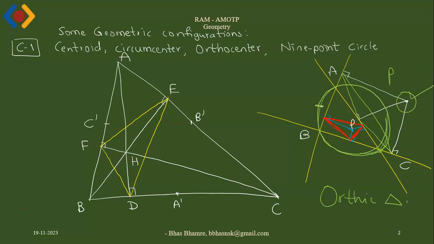So I hope you understood what is Simpson line. If P lies specially on the circumcircle of triangle ABC, then the pedal triangle with respect to such point P turns to a straight line, that line is known as the pedal line of the triangle, or also known as the Simpson line of the triangle.